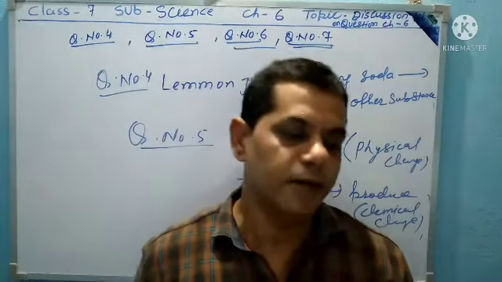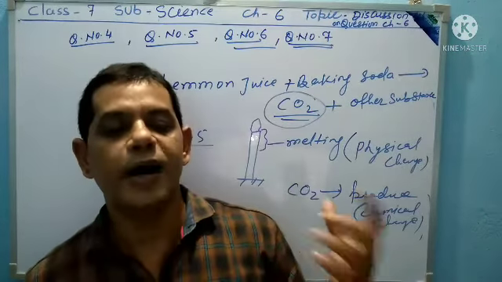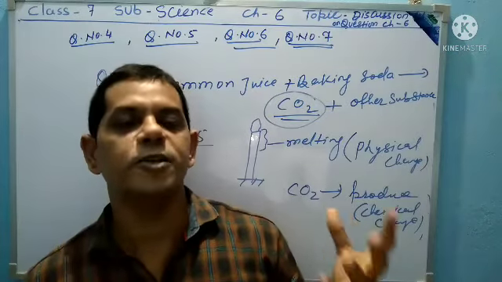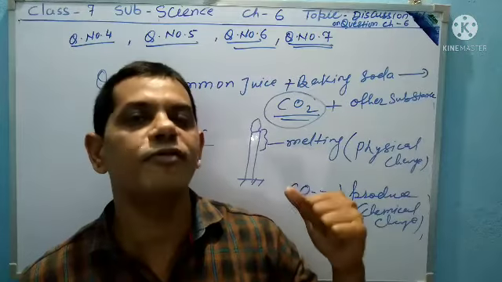Now question number 7, explain why burning of food and cutting it into small pieces are considered two different types of changes.